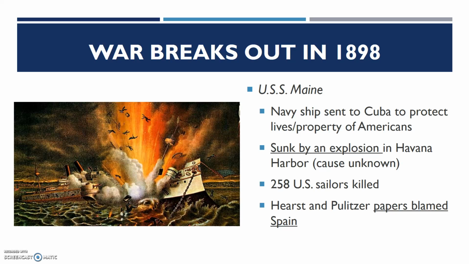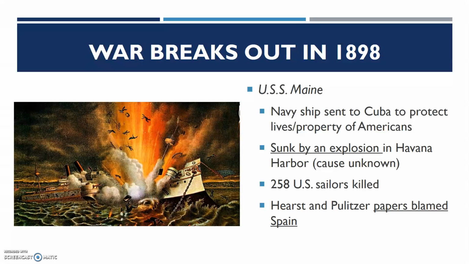So the spark, the main cause, the immediate cause of the Spanish-American War in 1898 is the sinking of an American ship, the USS Maine. The Navy had been sent to Cuba to protect the lives and properties of Americans who were living in Cuba. And there was an explosion that sunk the ship in Havana Harbor.